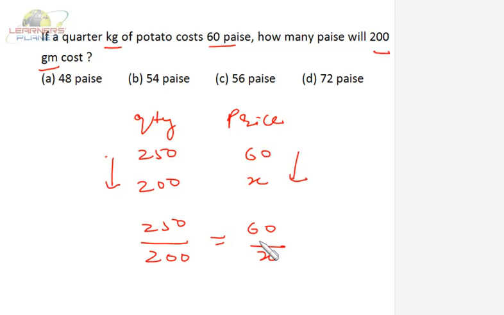But since this is a direct variation, we'll be writing like this only. Okay. Now we can solve for x. That means x is equal to 4 into 12, 48 paisa. Okay. Very simple concept.